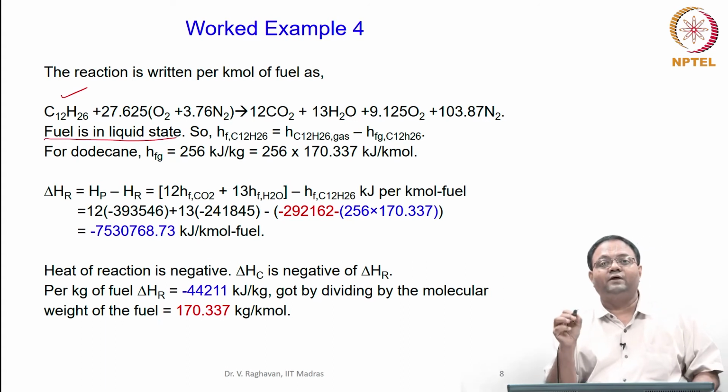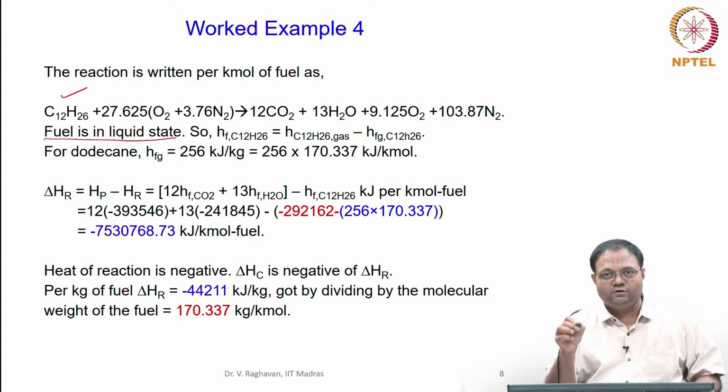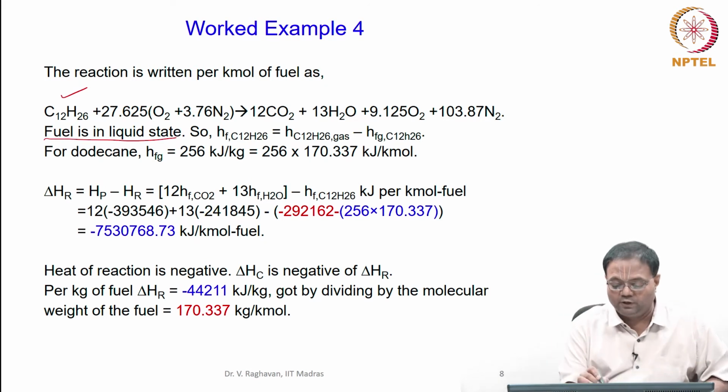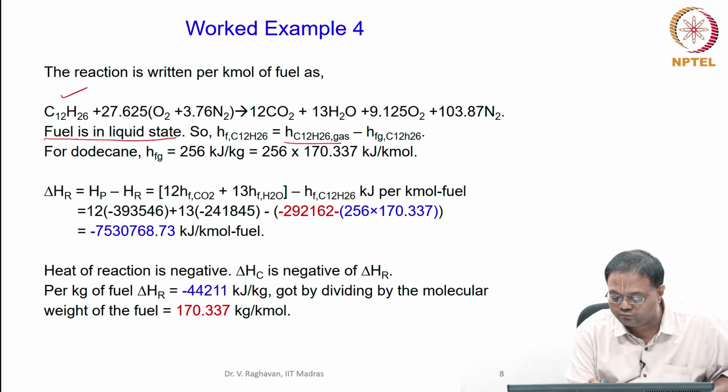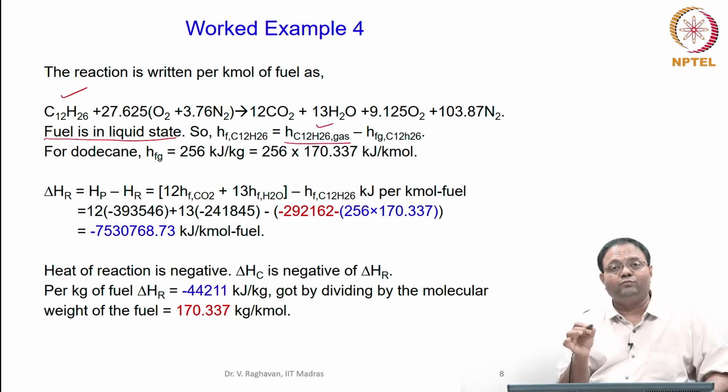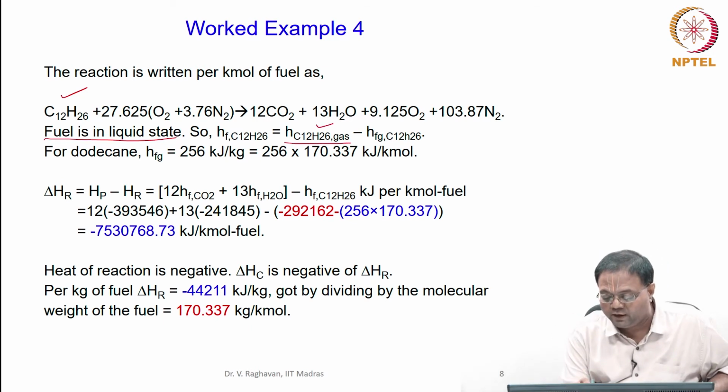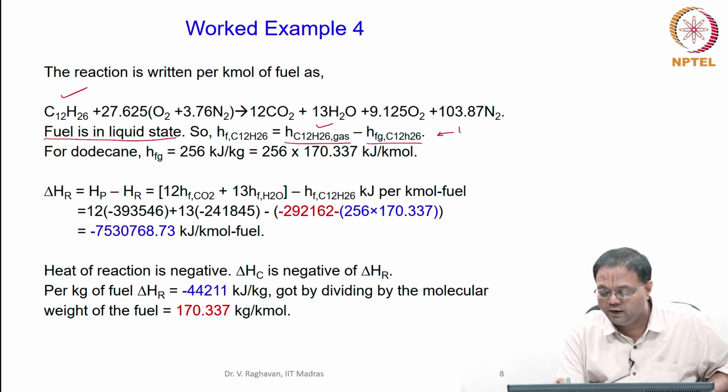What you get as enthalpy of formation in the tables in the Turns book is the gaseous enthalpy of formation. So that is the value you get, and the Turns book also lists the hfg value, the latent heat of vaporization. Okay.